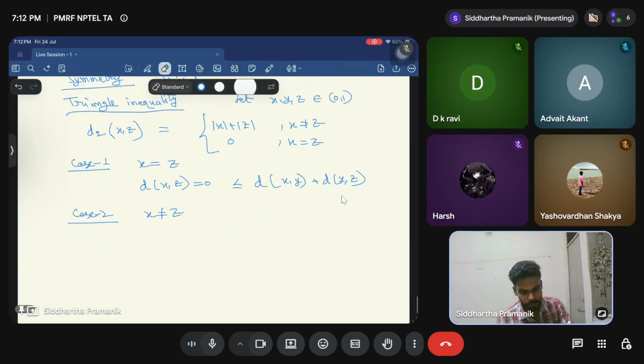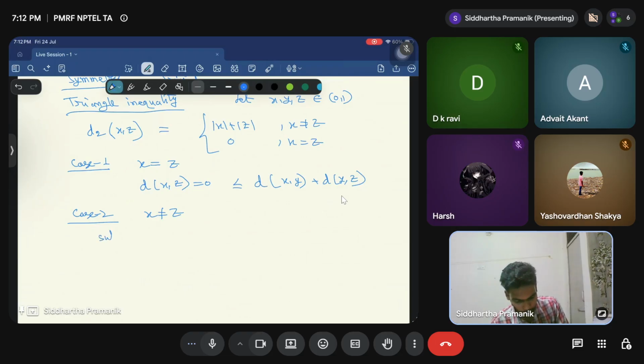So there will be two subcases. So one subcase is y is neither equal to x nor equal to z. Then what we can do is d x z. This is mod x plus mod z. This is less than or equal to mod x plus mod y plus mod y plus mod z.